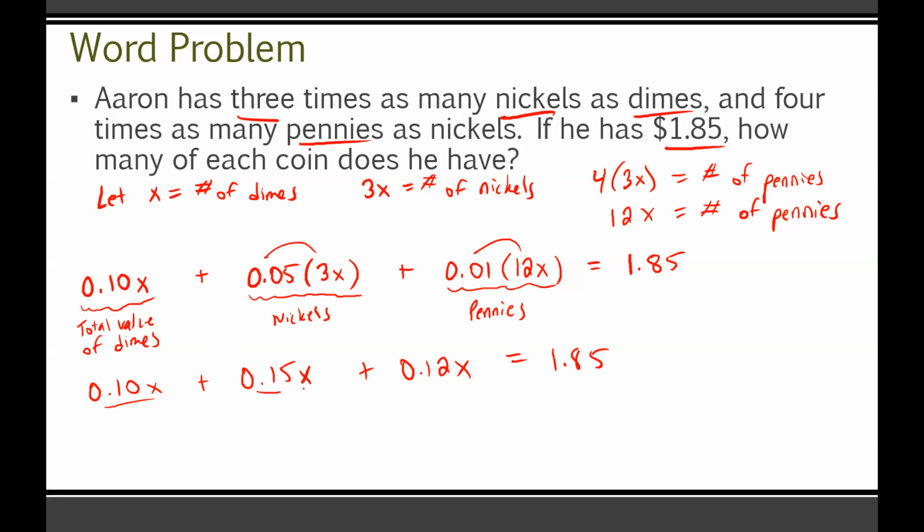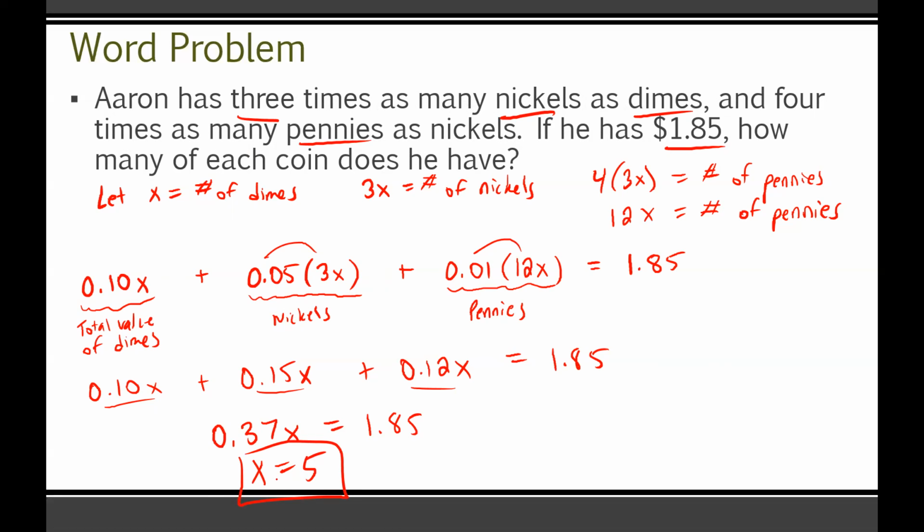So we can add all of our like terms together: 0.10x plus 0.15x plus 0.12x. If you add those coefficients all together, you're going to get 0.37x equals 1.85. To solve for x, we just need to divide by 0.37. So if you divide by 0.37 on both sides, I'm pretty sure it's going to be 5, but let me just double check. Yep, it's going to be 5. So x is going to equal 5.